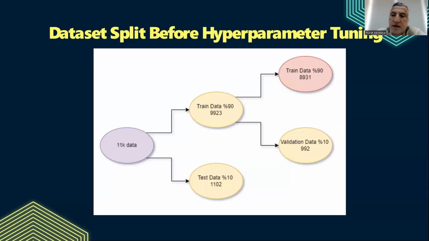Okay, so what I said is that after splitting the data, you have to freeze these partitions. So in the train data, if there are 8,931 samples, these samples must be frozen so that every model with different values for the hyperparameters sees the same set of samples.